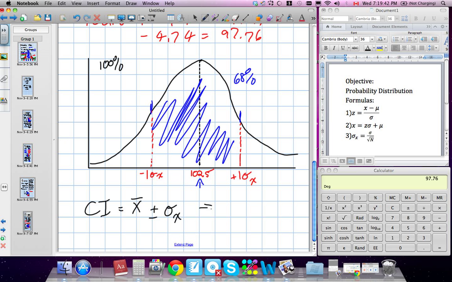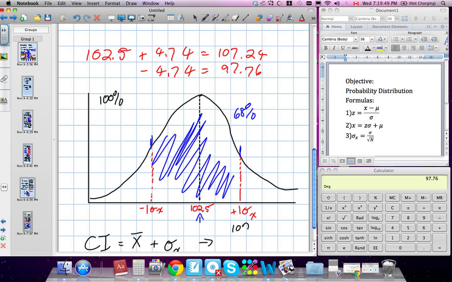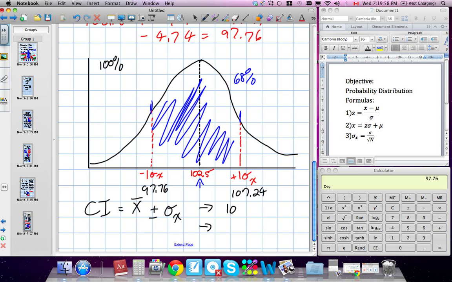So in our mean, what they're saying is this is now a confidence interval. Our confidence interval is essentially a deviation from our sample mean. So they have the formula: confidence interval is sample mean plus or minus our standard error. We already calculated our confidence interval.